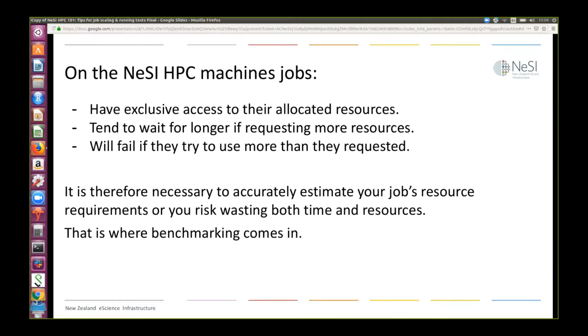So why exactly is it important for you to understand scaling or benchmarking? One of the big reasons is that on our HPC platforms, you'll be doing your work differently to how you're probably used to doing it on your local machines.